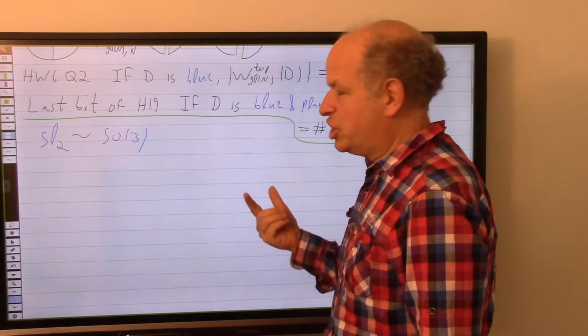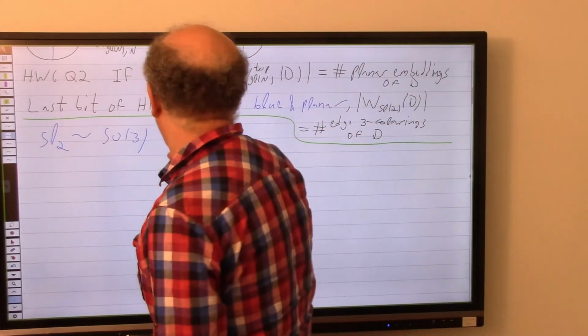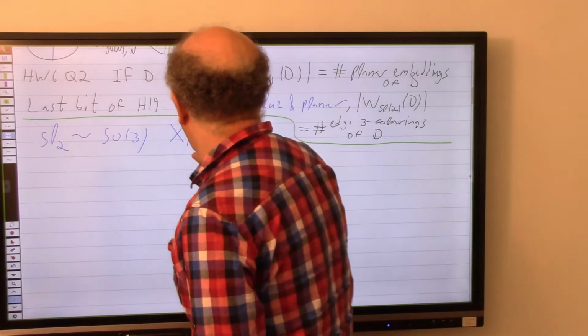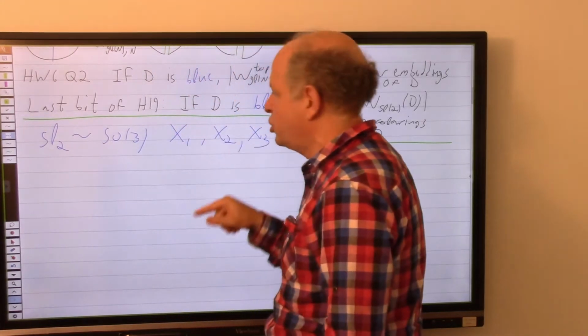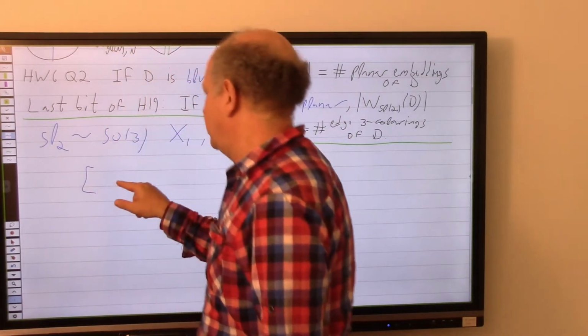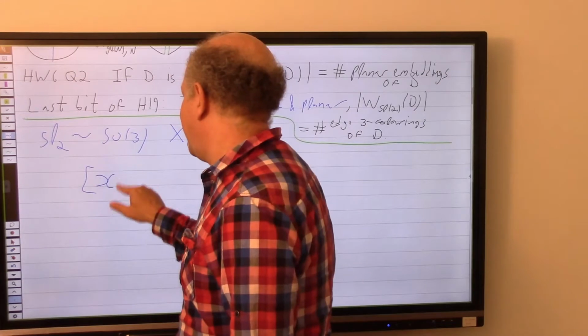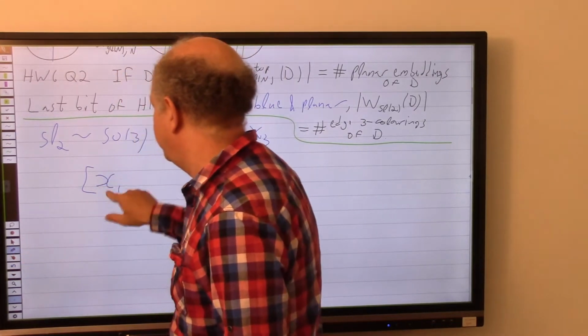The commutation relations of these 3 generators, so if you write X1, X2 and X3, if these are the generators, then their commutation relations are that, sorry, it's uppercase X, not lowercase x.